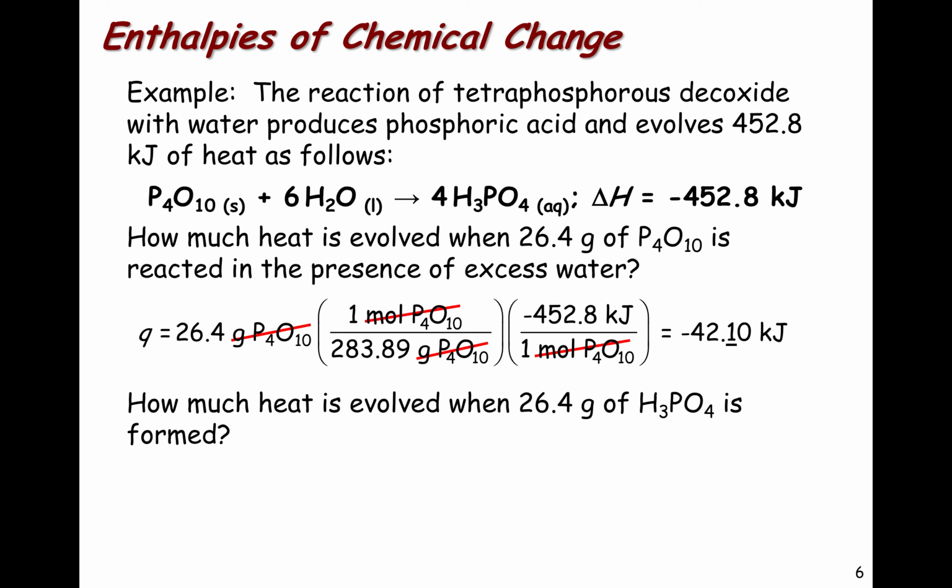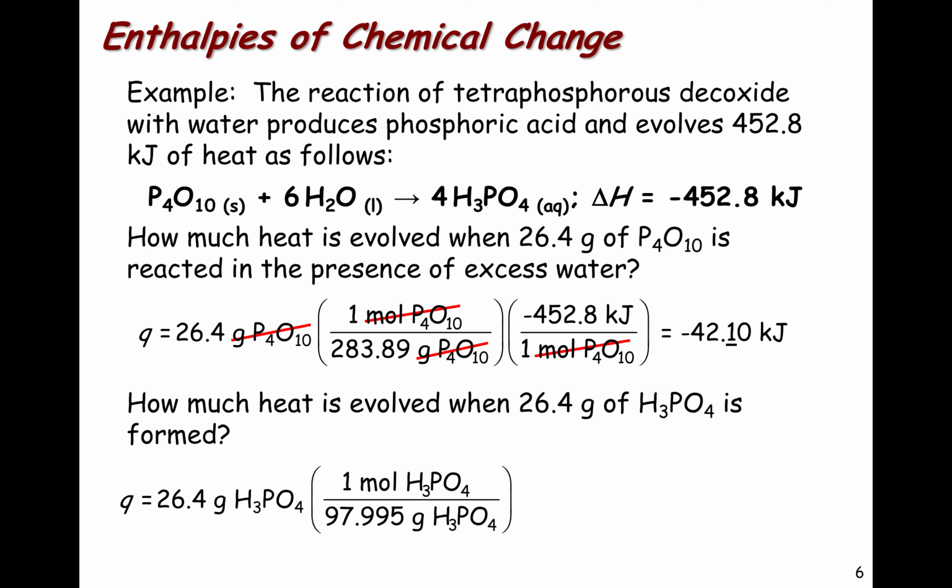So, how much heat is evolved when 26.4 grams of H3PO4 is formed? It would be a similar question. In this particular case, then, we're going to calculate our heat by, first of all, converting the grams of the phosphoric acid into moles using its molar mass. And so in this case, then, we multiply that by the amount of heat that is being produced.